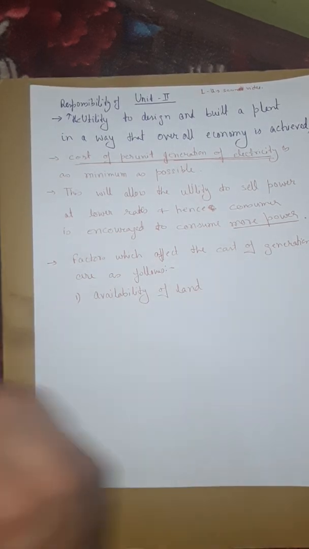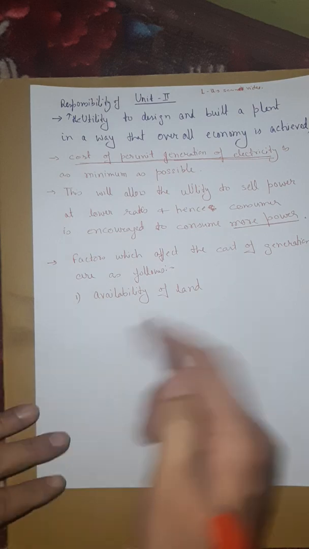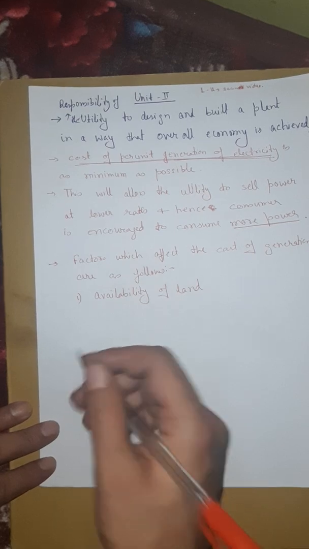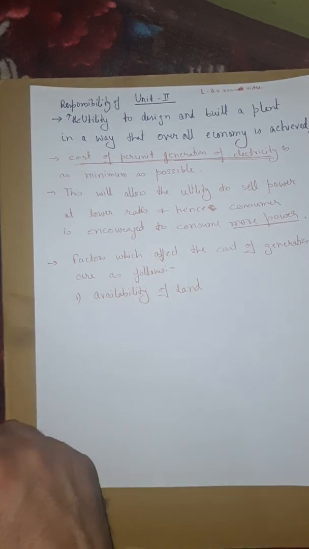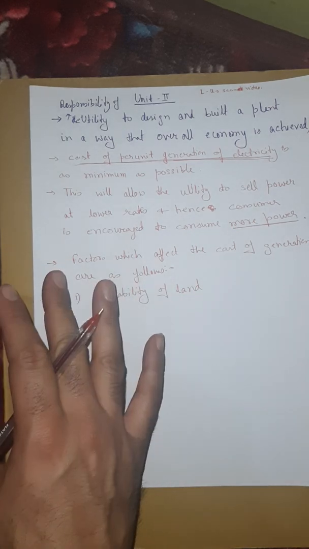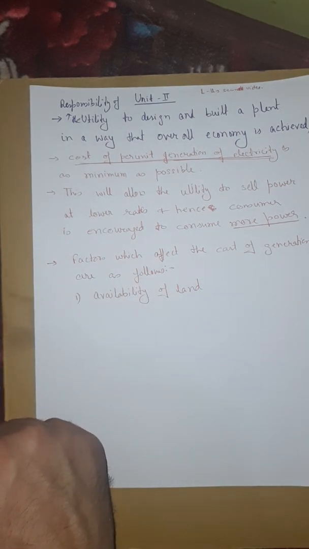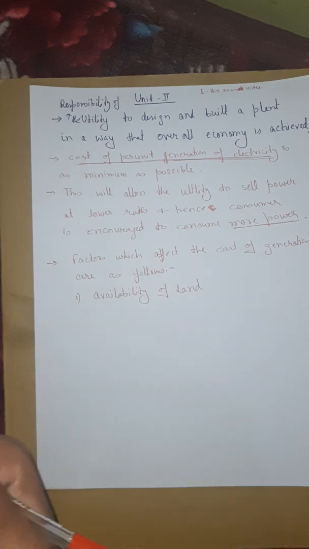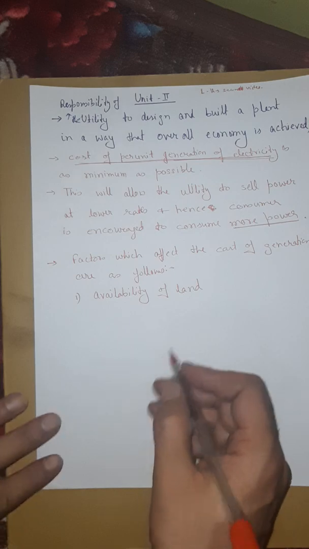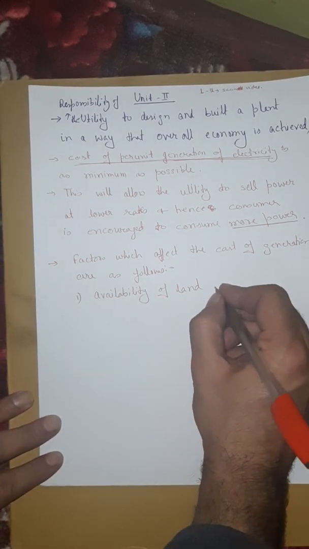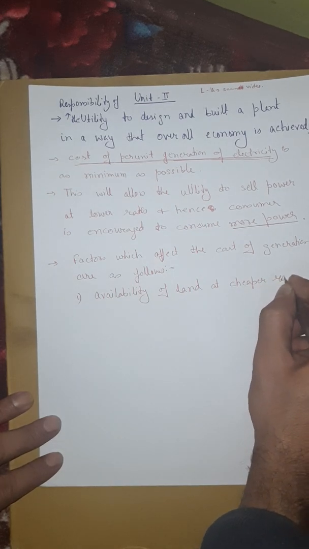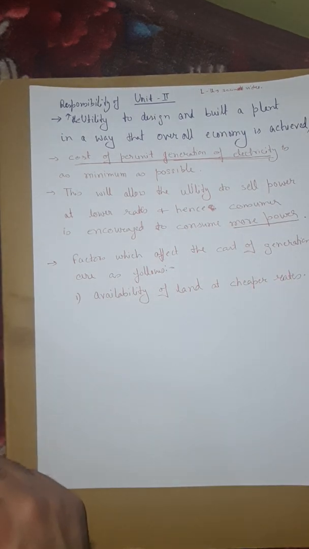The second question is, is the land available at cheaper rates or at higher rates? If the land is available at cheaper rates, obviously the total cost will reduce. But if the land is available at very high rates, obviously the cost of generation will be high. So availability of the land at cheaper rates is one factor.